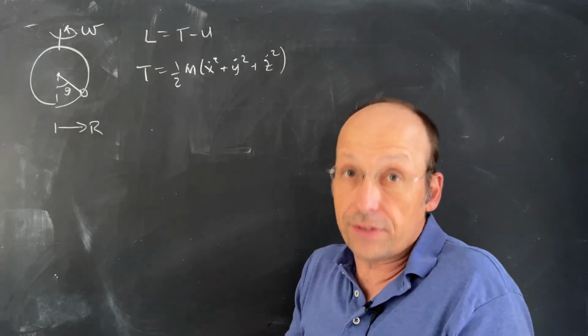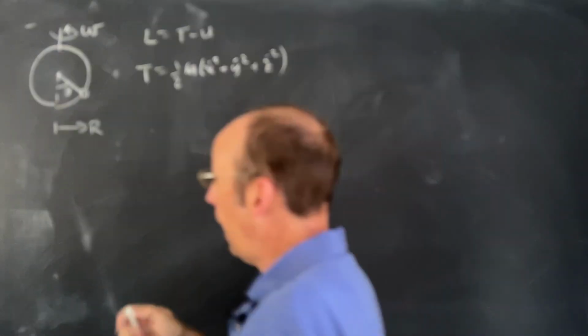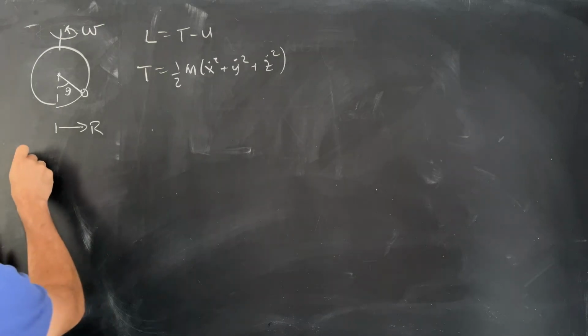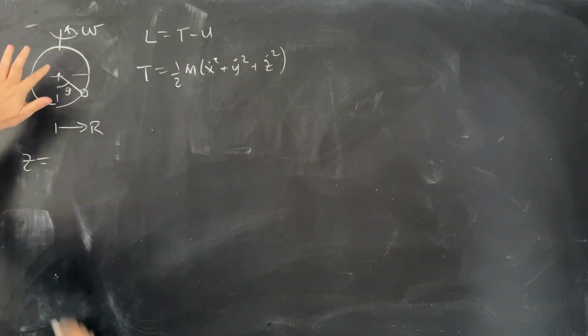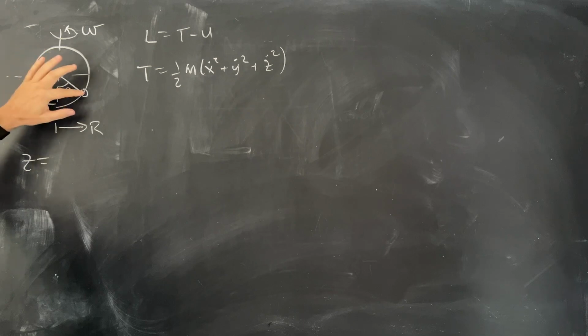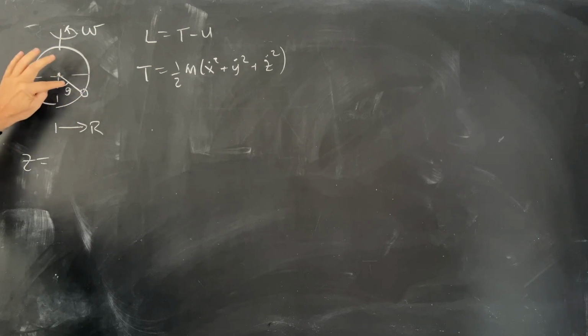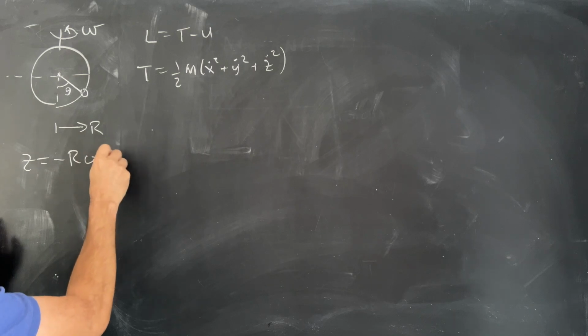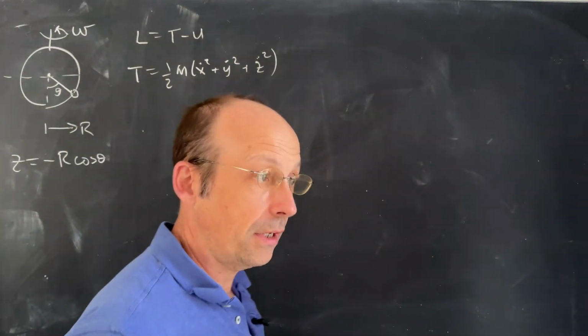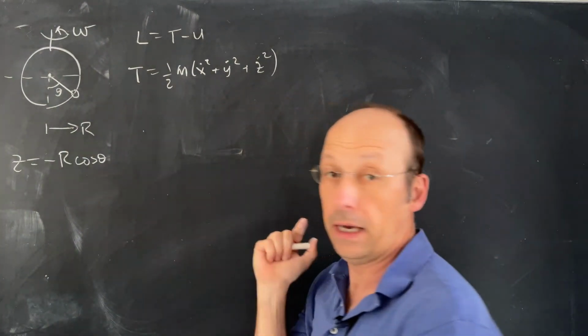Let's start with the z direction first. It's a little bit easier. I'm going to write them over here because we're going to use them more than once. Let's call this the origin. So z is just this distance right here. If that's r and that's theta, this is going to be negative r cosine theta. That's not too bad, right?